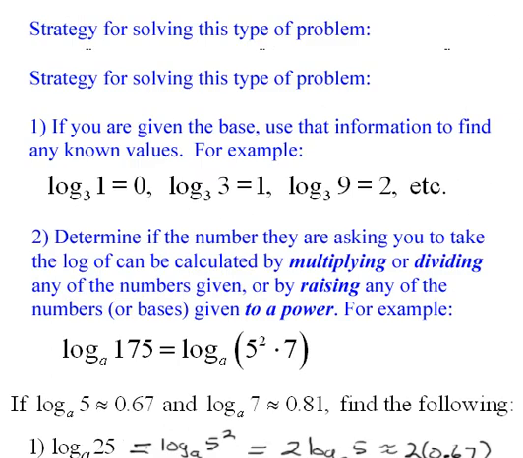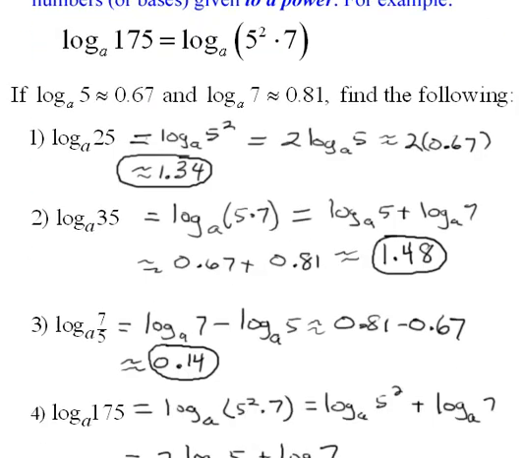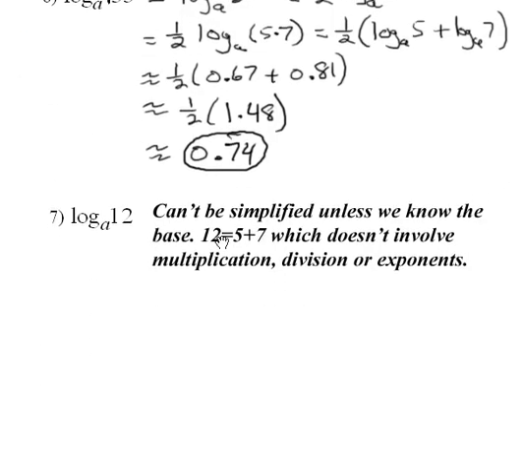And remember that our three properties of logs involved multiplication, exponents, and division. So what we would need to do is to focus again on writing 12 in terms of 5 times 7, 5 divided by 7, 7 divided by 5, 5 to some power, 7 to some power, and then multiply those or divide those together. And since we don't know the base, it can't be done. It can't be simplified any further.